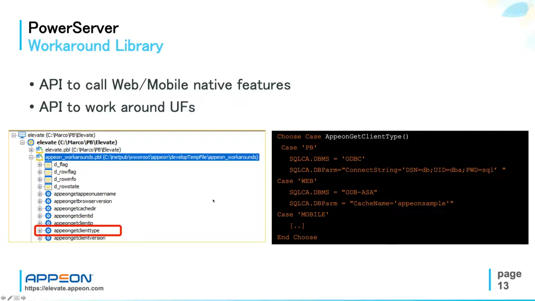So in this example, you can have only one PowerBuilder project and implement functionality that are specific to web or mobile with a simple test of what platform the app is currently running. So Appeon client type will provide you, for example, a string, which is PB, web or mobile, and then you can specify different parameters, different code implementation accordingly.